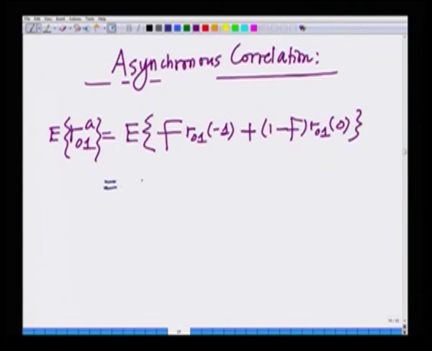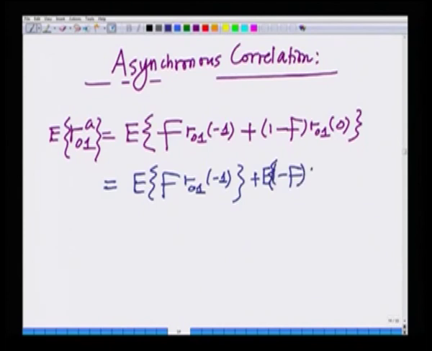This is nothing but expected f R01 of minus 1 plus expected 1 minus f R01 of 0. Remember, f, the fraction, has no bearing whatsoever on the random correlation.